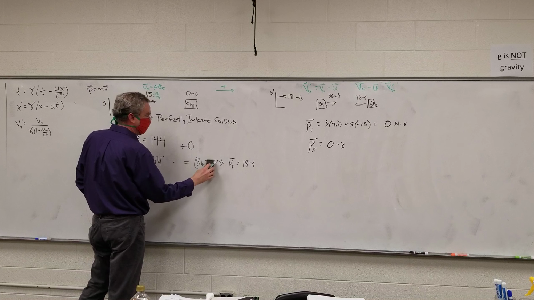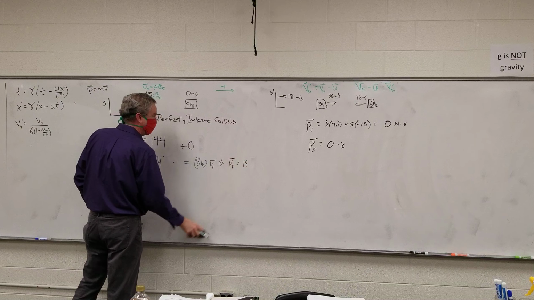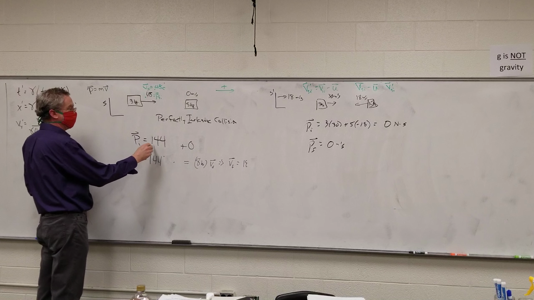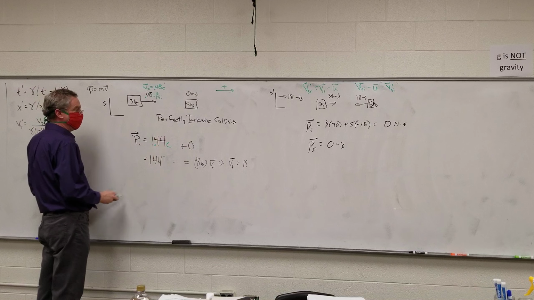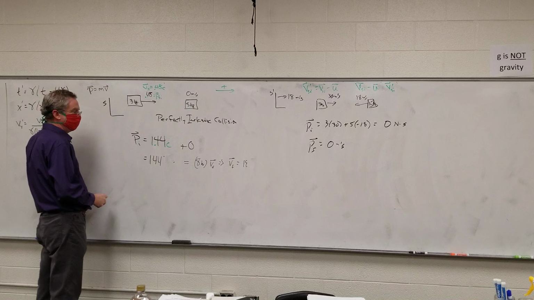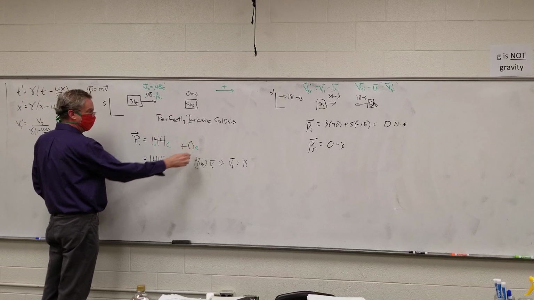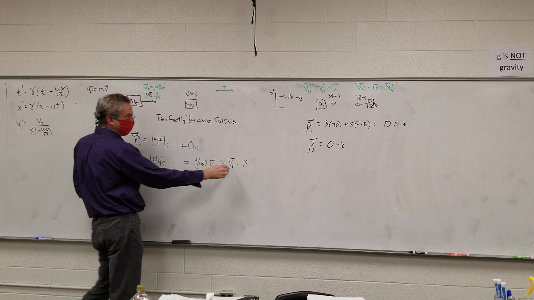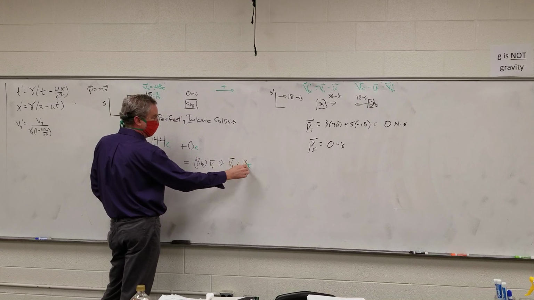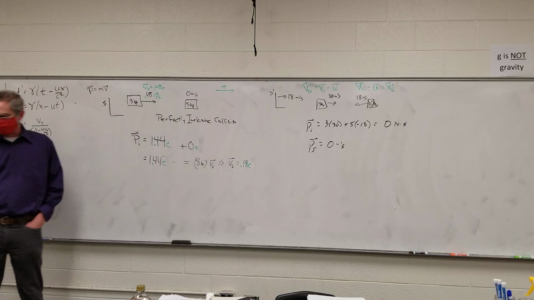So all I'm really doing here is changing some units. So this becomes 1.44 times the speed of light is my initial momentum, plus 0. And we end up with 0.18 times the speed of light.